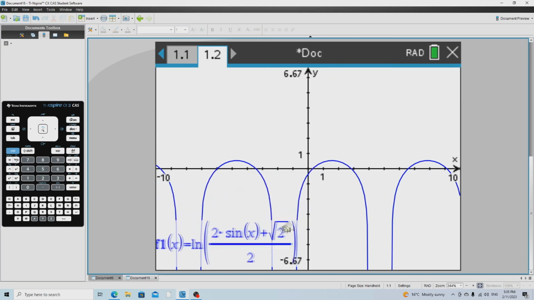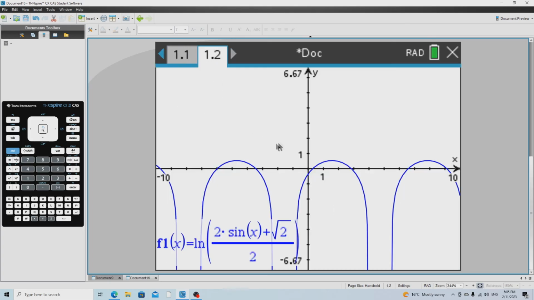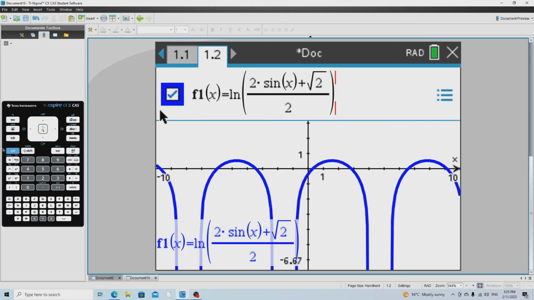Because g of x is inside, it's normally the domain of g of x that is the important one. Because we know the domain of g of x is negative infinity to 5, we can just say from negative infinity to 5.